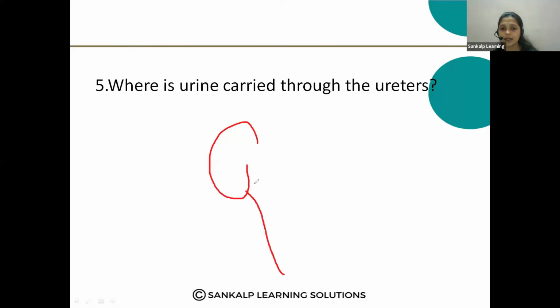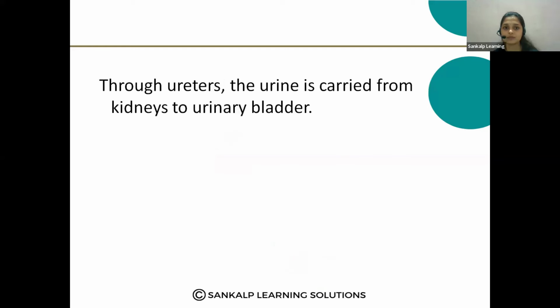That urine is carried through the pipe-like structure called the ureter and stored in a structure called the urinary bladder. So the ureters carry the urine from the kidneys to the urinary bladder. That is also an important question. Note down the answer.